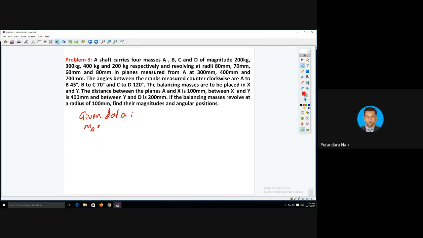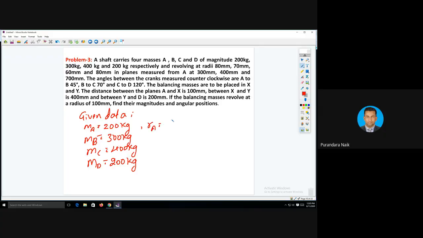That is, MA is 200 kg, MB is equal to 300 kg, MC is equal to 400 kg, MD is also given, that is 200 kg.